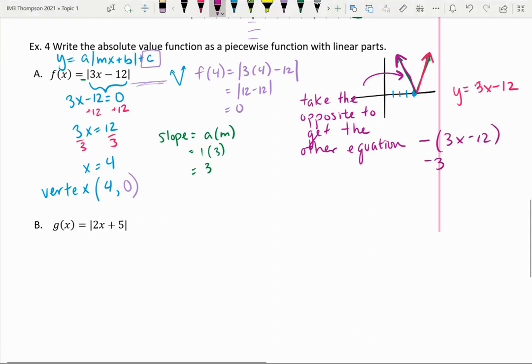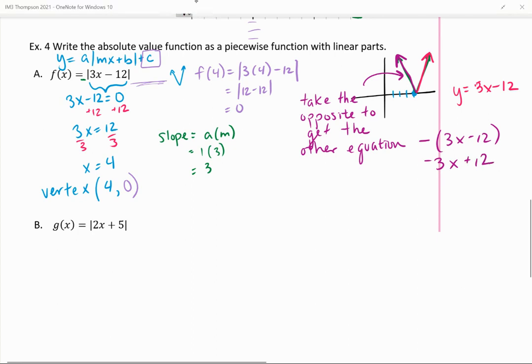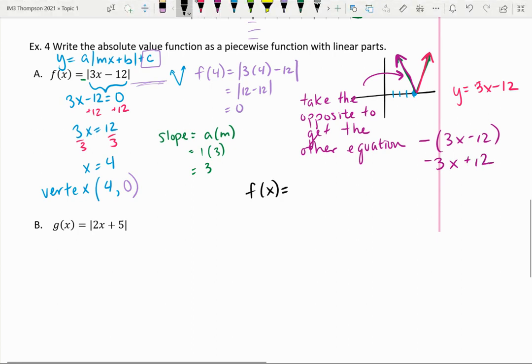And when I distribute that negative, it gives me negative 3x plus 12. So here are my two equations. I have 3x minus 12, and I have negative 3x plus 12. And I still have to talk about what domain those exist on.